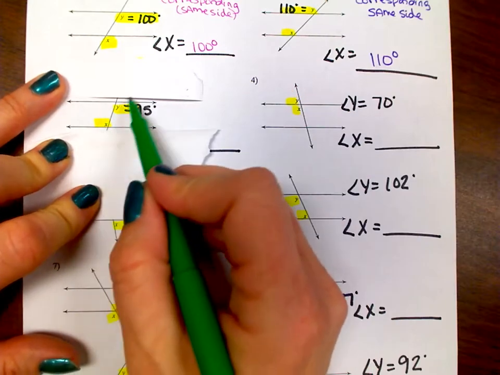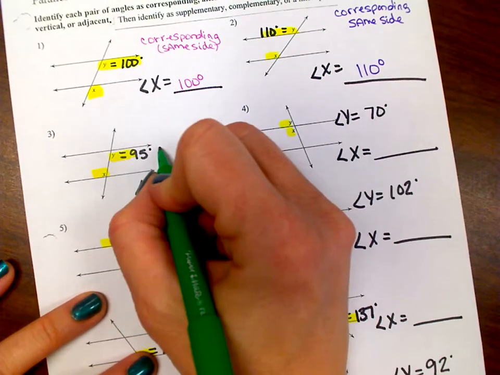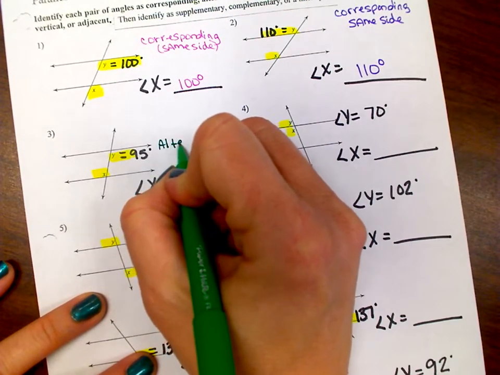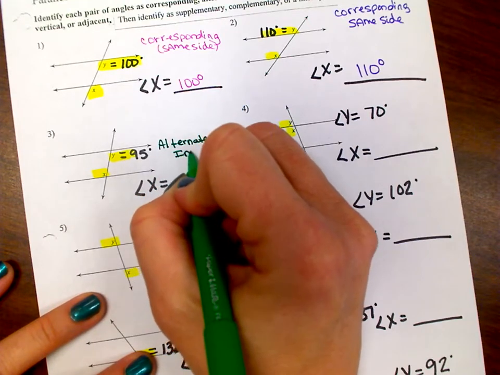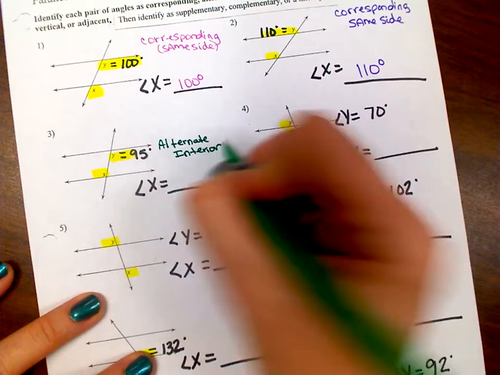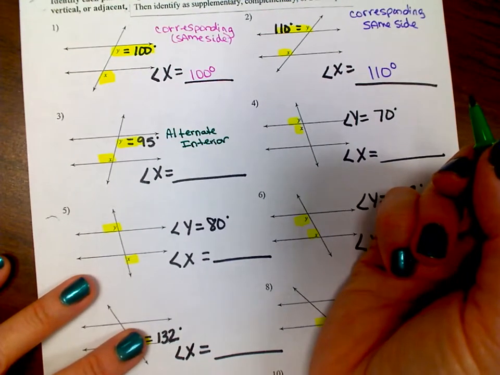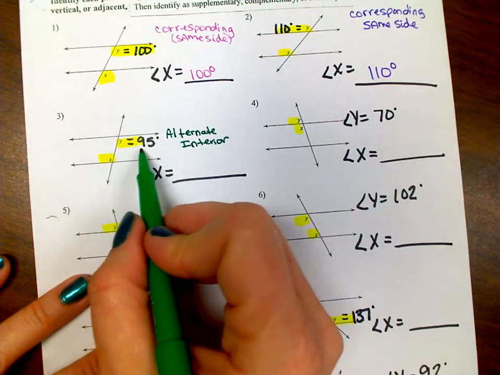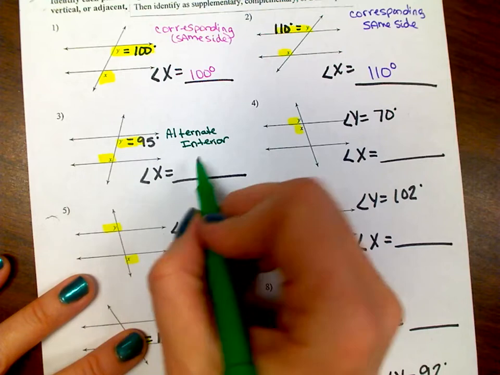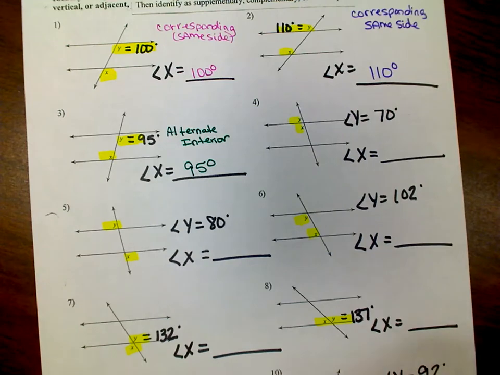Well, they are opposite of each other, so it's alternate interior. So they would be congruent. Same shape, same size. So if Y equals 95, X is going to equal 95 degrees.